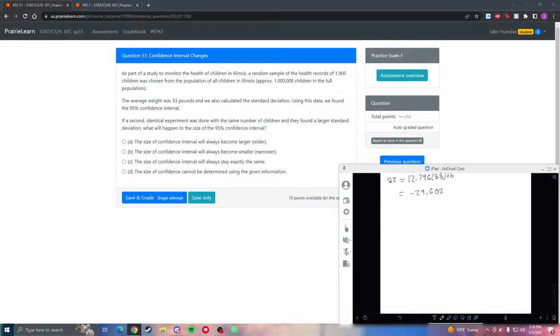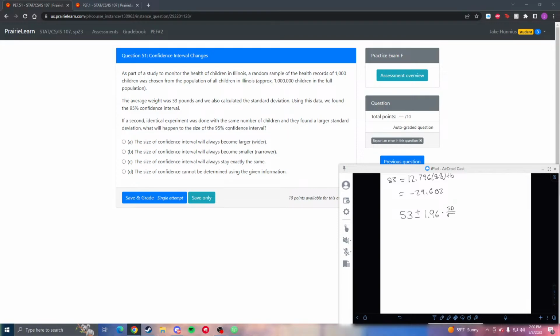Alright, so for this one, our confidence interval for 95% is going to be our x bar plus or minus 1.96 times standard deviation over root n.